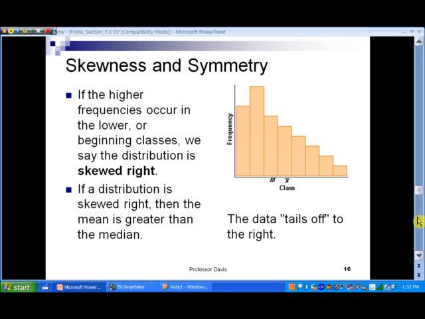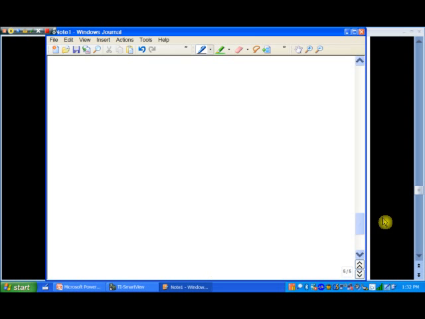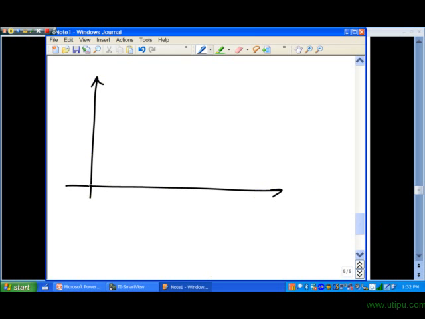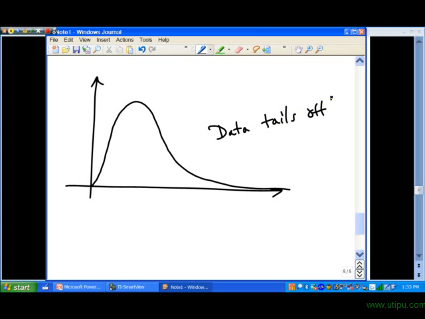Now, if the higher frequencies occur in the lower or beginning classes, we can see in slide 16 that the distribution is skewed to the right. All right, so if I drew a picture of what right skewness would be, it would be like this. If you draw a histogram, if you draw a curve, it would look like that, where the data tails off to the right.